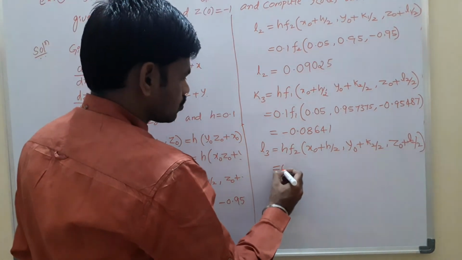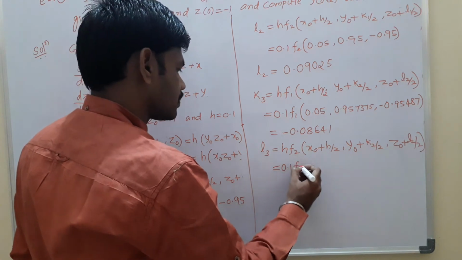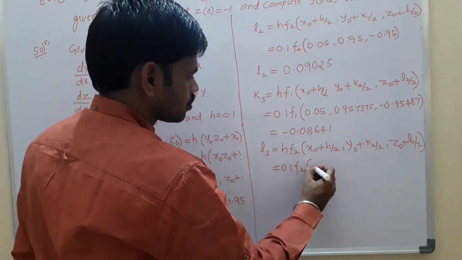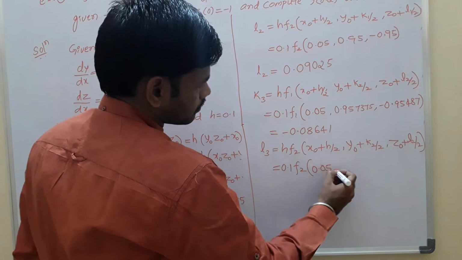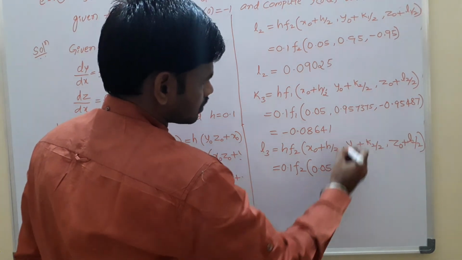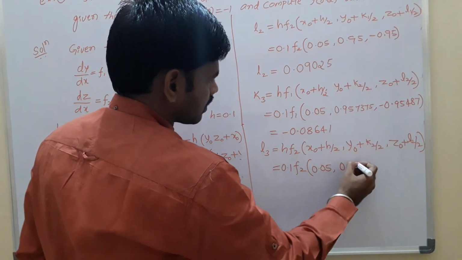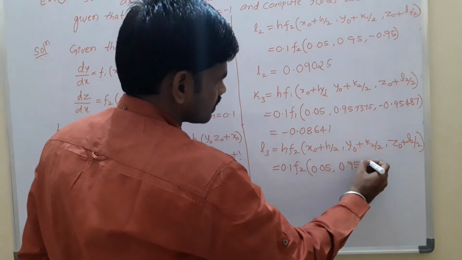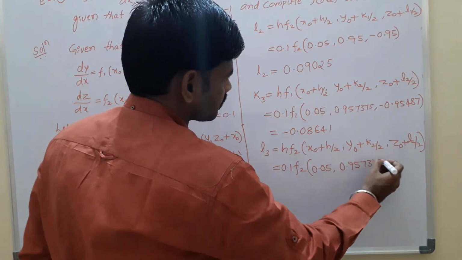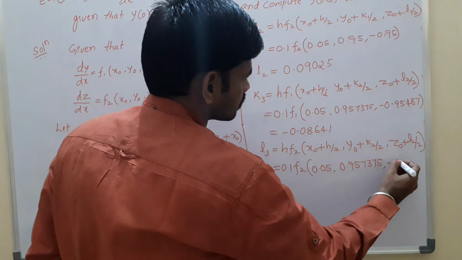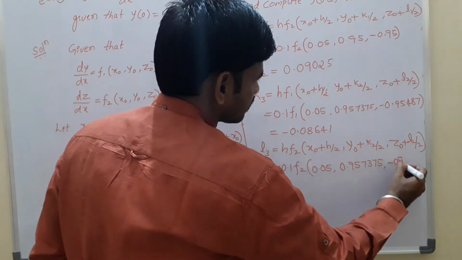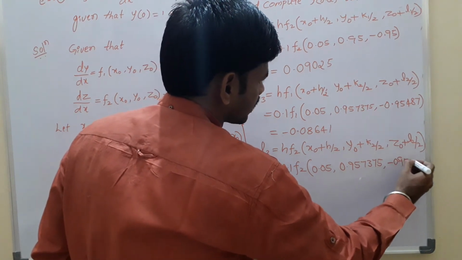So that is equal to 0.1 f2, x0 is 0.05, y0 plus k2 is 0.957375, z0 plus L2 is minus 0.95487.